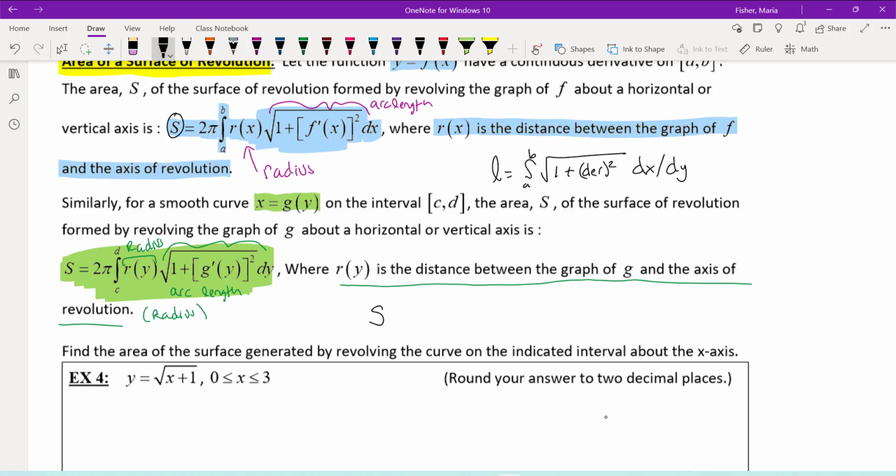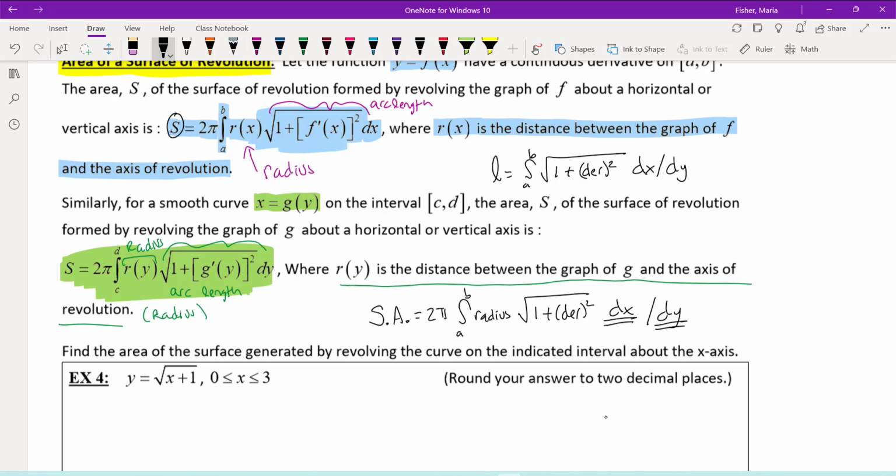The book uses a capital S, but just to make sure that we distinguish it from the little s that they use for arc length, remember I use the L for that, I write S.A. for surface area, and that's going to be 2 pi times the integral from a to b of radius times the arc length. Remember that arc length is just the square root of 1 plus derivative squared, and either dx if you're given a function of x, or dy if you're given a function of y.